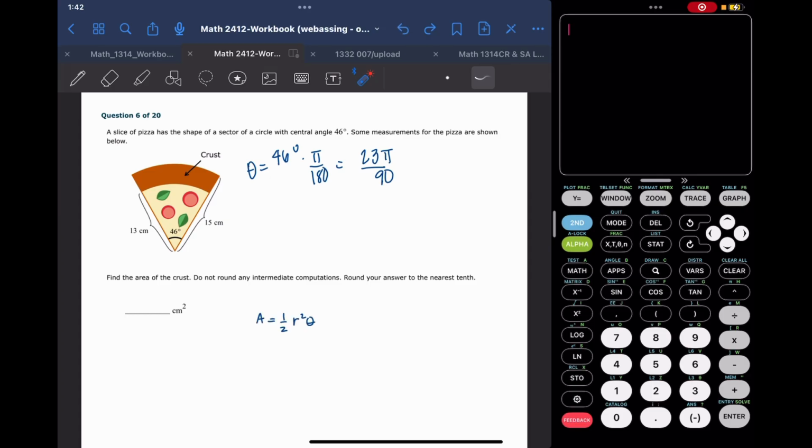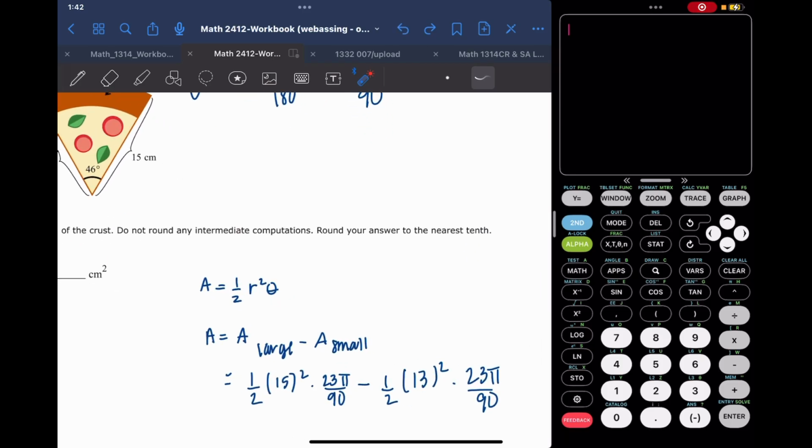Again, area of the large minus the area of the small. So all I'm going to do is put this in parentheses in my calculator, just the way we see it. And remember that this is multiplication between the half and the perfect square.